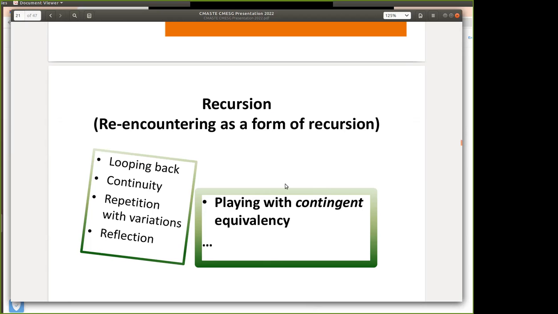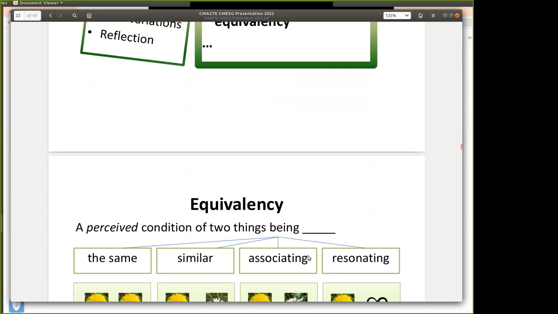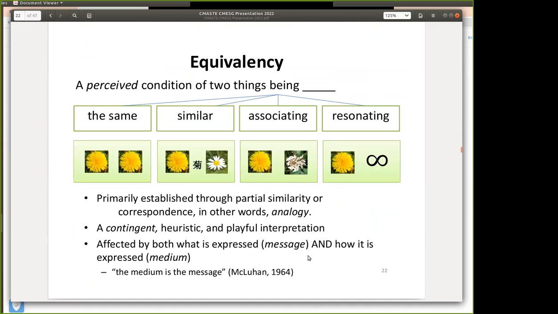This keyword here is important: contingent. Okay, so equivalency, and I theorize it, is as a perceived condition of two things being the same, similar, associating, and resonating.